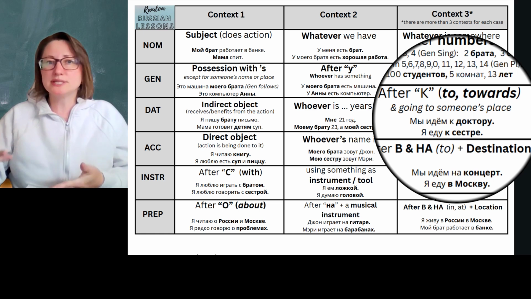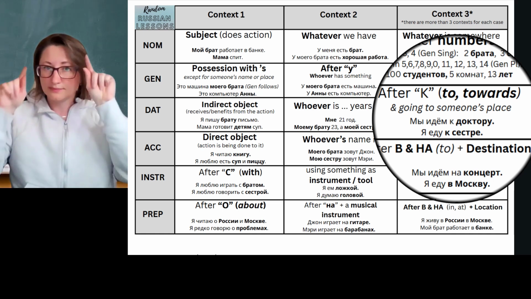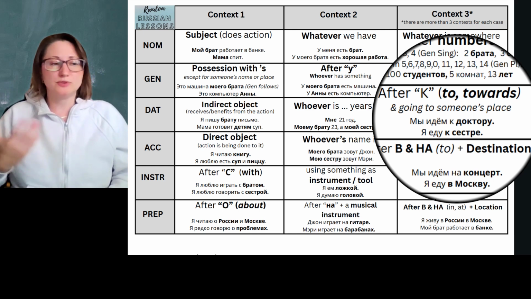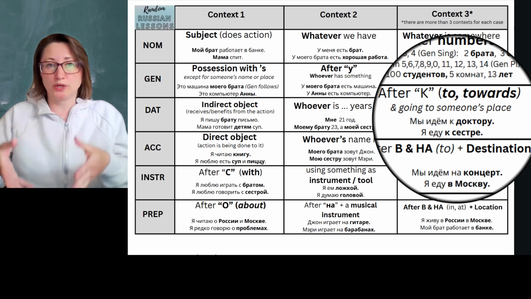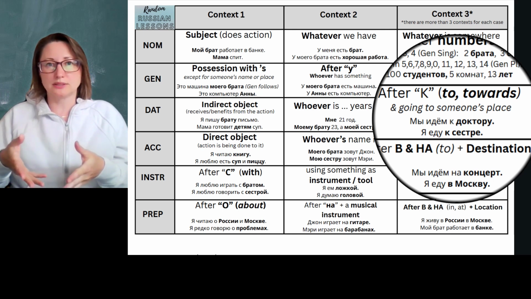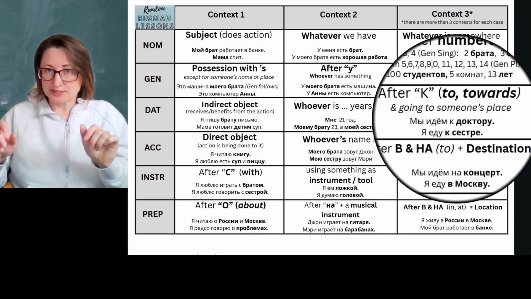And sometimes you even say the place. So you can say, tonight I'm going to my sister's place, meaning you're going where your sister resides, where she lives. Or I'm going to the doctor's, the doctor's place of business.